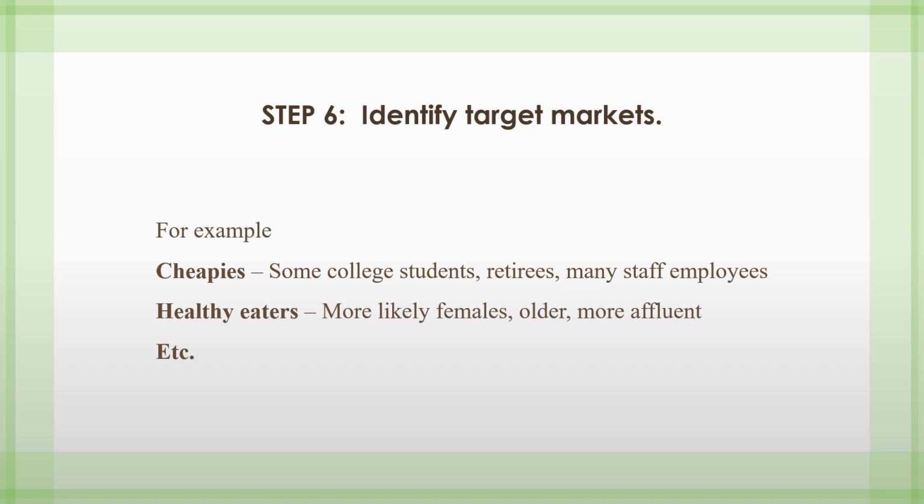Healthy eaters are more likely to be females, are more likely to be older, and are more likely to be affluent. So we could go through each of these segments and identify target markets that we might send specific communications to. So McDonald's might have 5 different commercials, one for each segment, where they focus on college students with the prices.